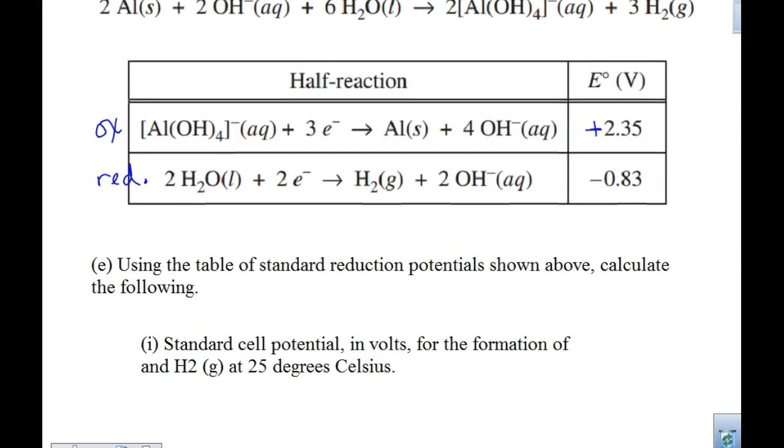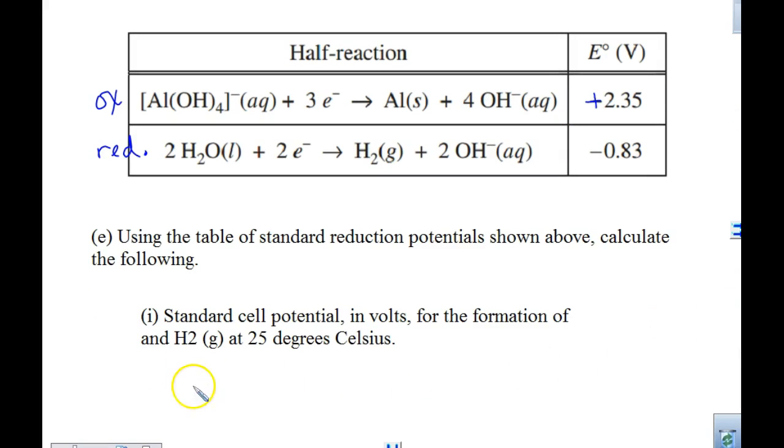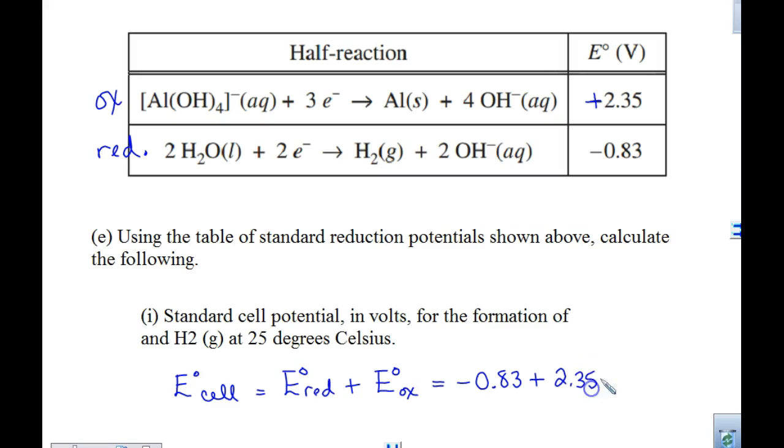So now when we calculate our E cell value, we're going to add the reduction value to the oxidation value, because you can't have one without the other. And so we've got negative 0.83 plus positive 2.35, which is going to give you 1.52 volts.